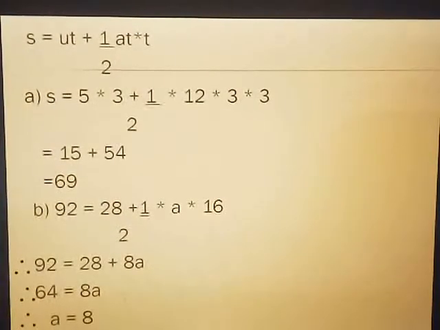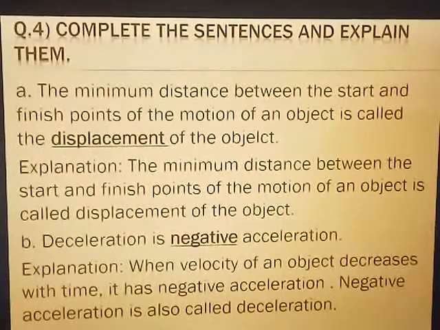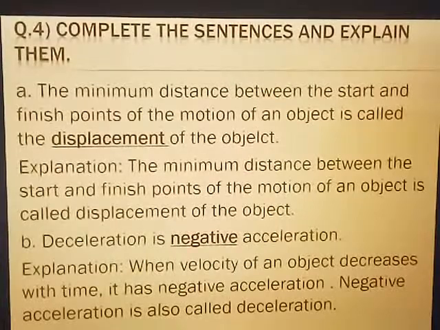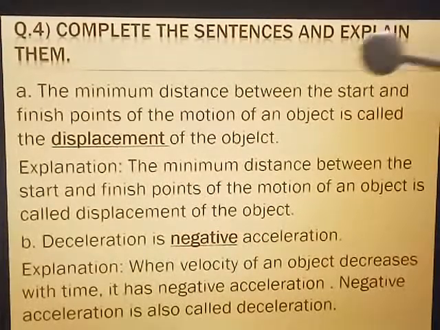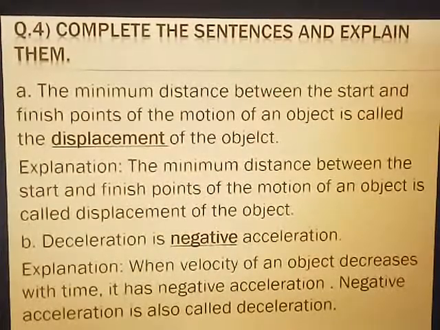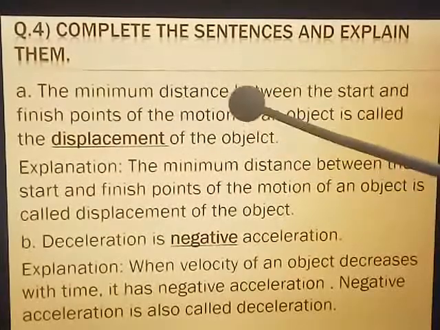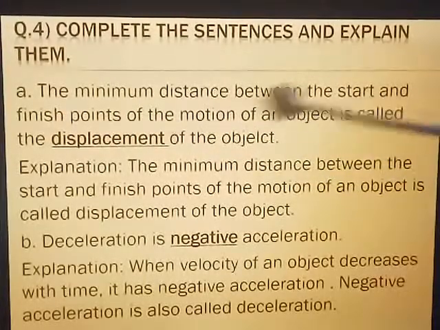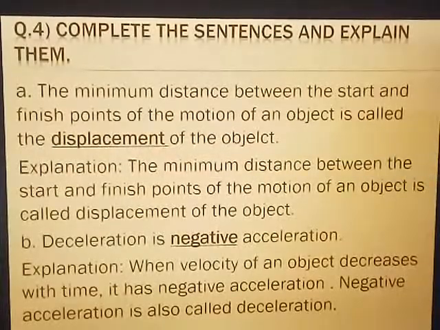Now we move on to the next question, that is question number 4. Complete the sentences and explain them. Now here it is not only fill ups, but as I have told you, you have to explain why you have selected that particular answer. So the first one is, the minimum distance between the start and finish points of the motion of an object is called the dash of the object.